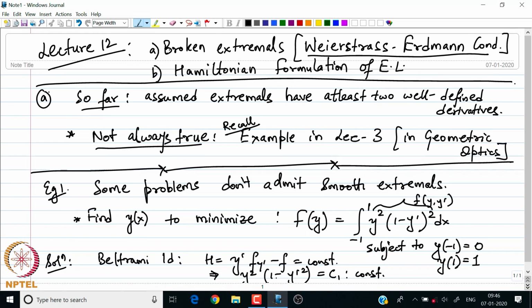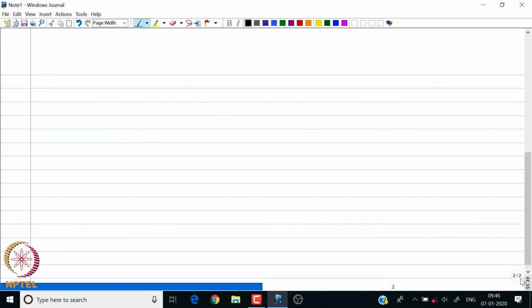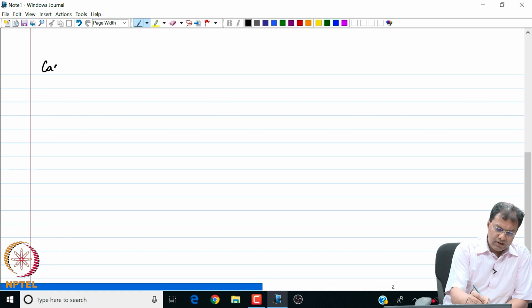Let us try to solve this problem. Let us first assume that the constant on the right hand side is 0. We will look at the general case later on. So, the case when C1 is 0.